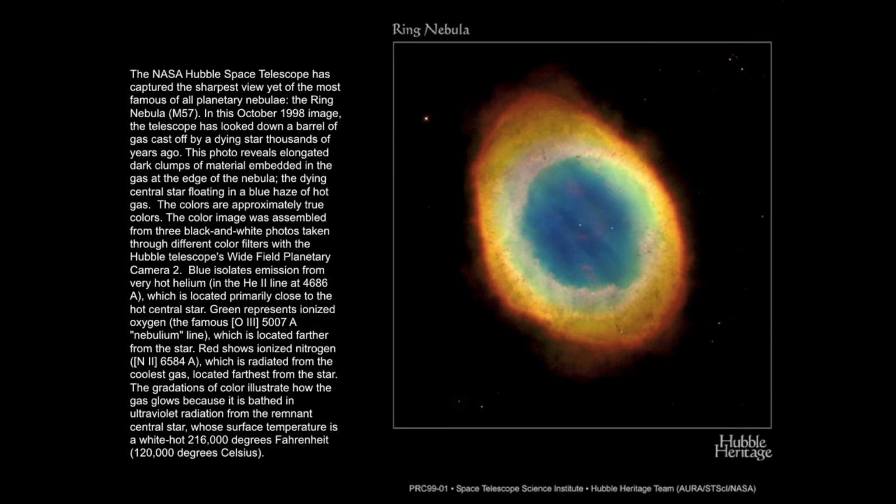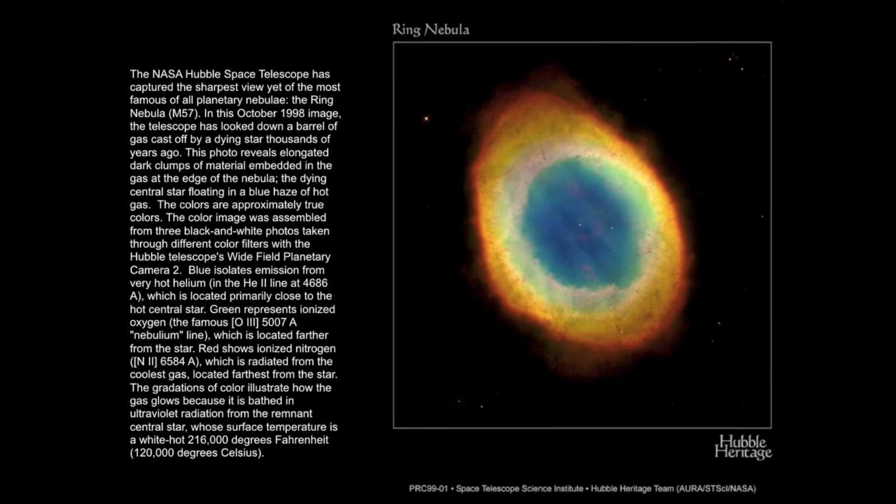And this was called M57. This is one of the great images by the Hubble Space Telescope, and this is a Hubble Heritage image. And it's kind of a funny thing. There's a special filter called an O3 filter that you can get for a telescope, and if you look at planetary nebulae with it, they're actually much clearer. That filter allows you to pick them out a little easier in a telescope.